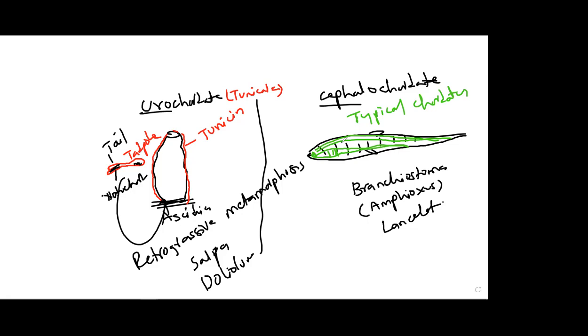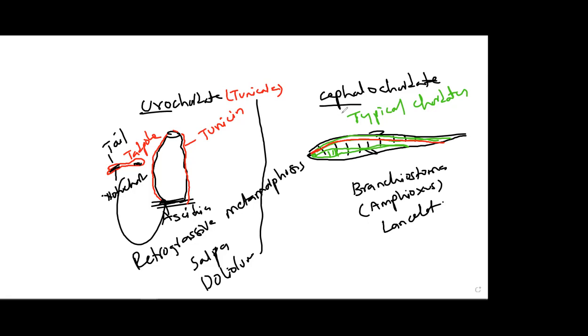Okay? And very, very important. Here, the notochord extends up to the head region. Actually, you will have notochord from here, but these are the animals where the notochord extends into the head. Head is nothing but cephalic.